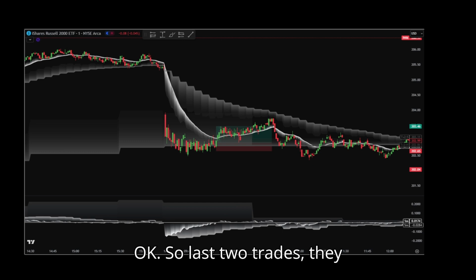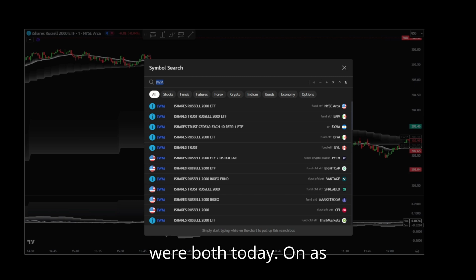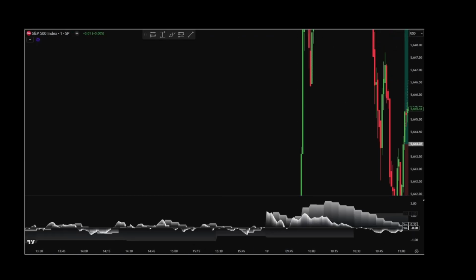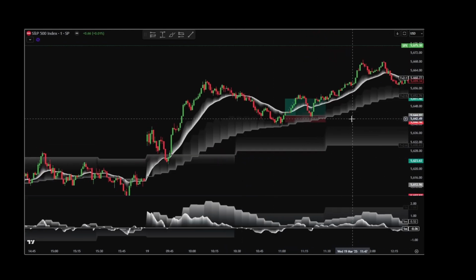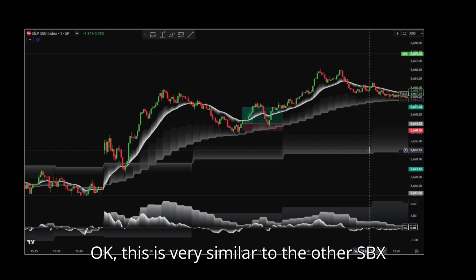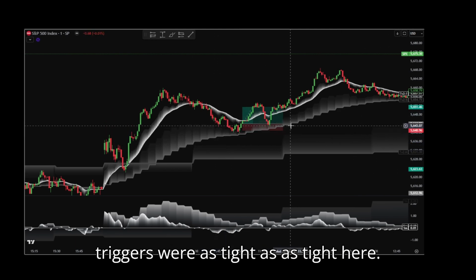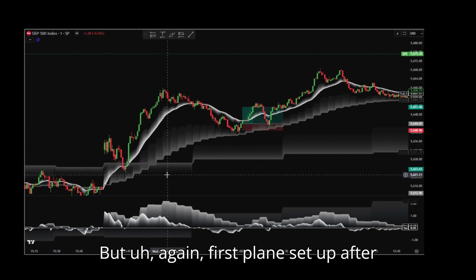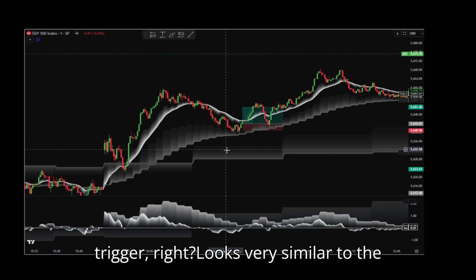Okay, so last two trades, they were both today on back to SPX. This is very similar to the other SPX play, except I don't think the triggers were as tight here. But again, first plane setup after price breaks the hourly trigger, right?